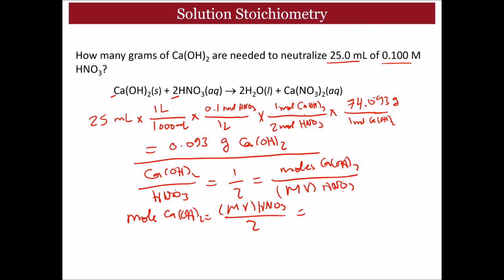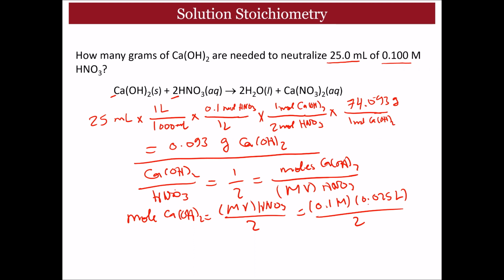So it's going to equal 0.1 molar times 0.025 liter divided by 2. And then we take this number of moles and multiply it times the molar mass to get the grams.